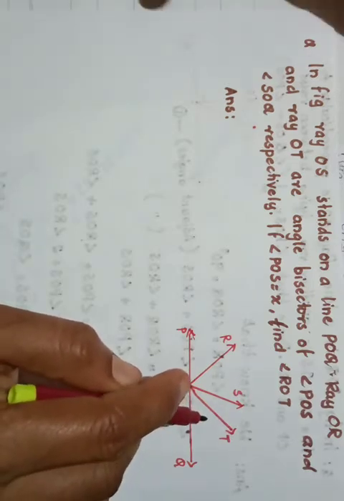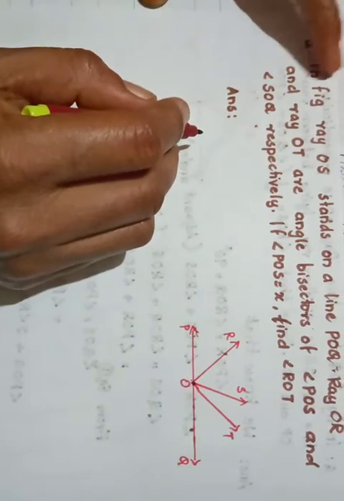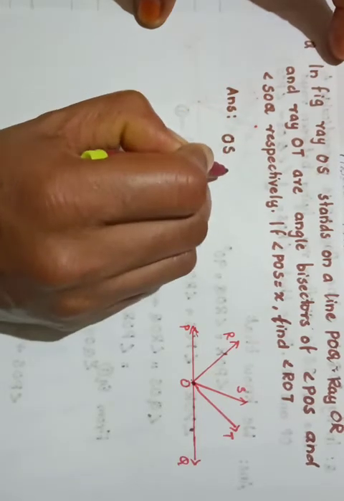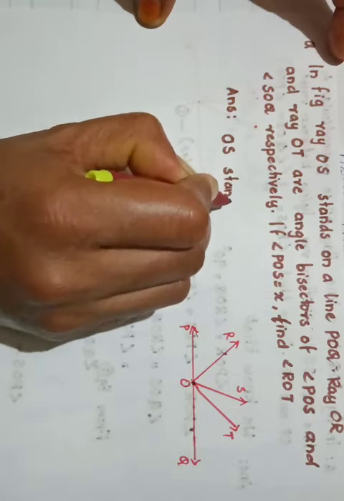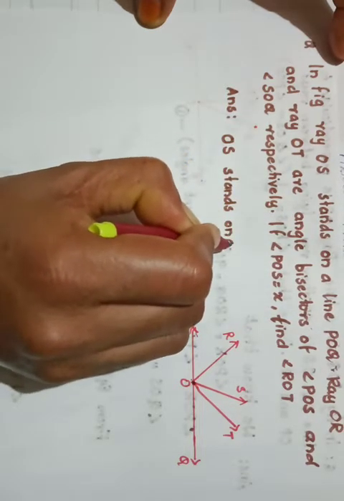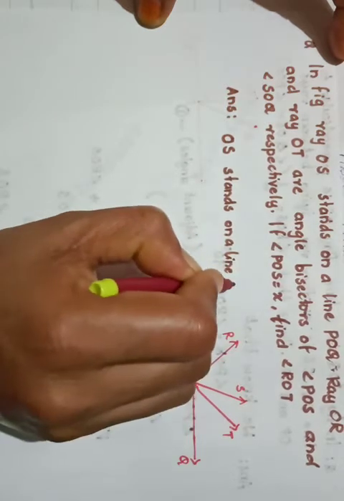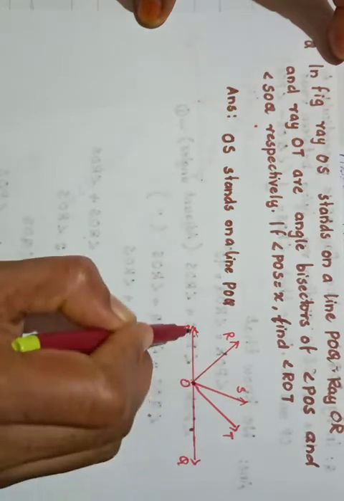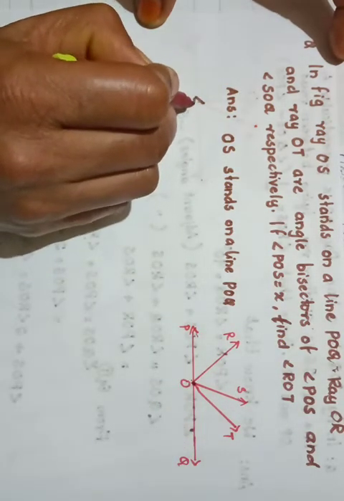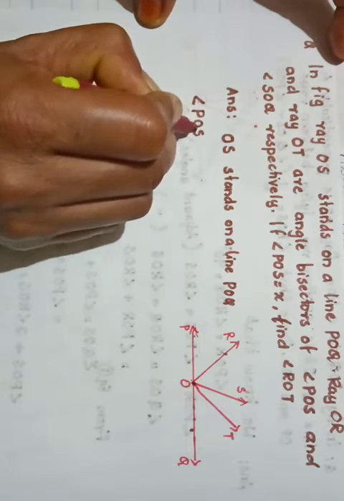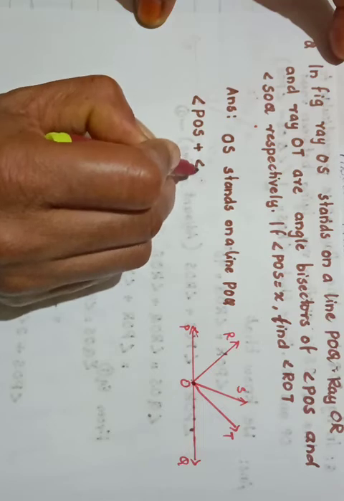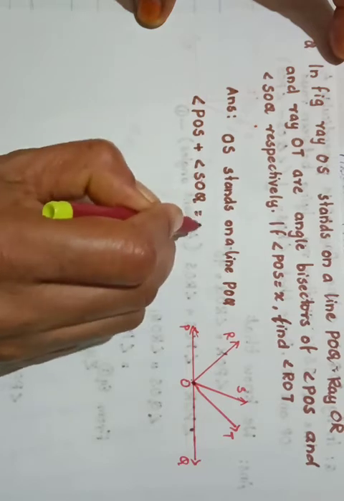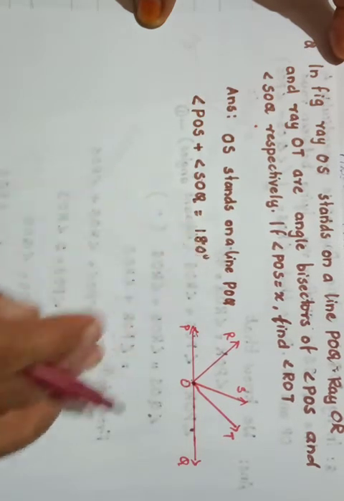Okay, so given that OS stands on the line POQ, can we write angle POS plus angle SOQ is equal to 180 degree?